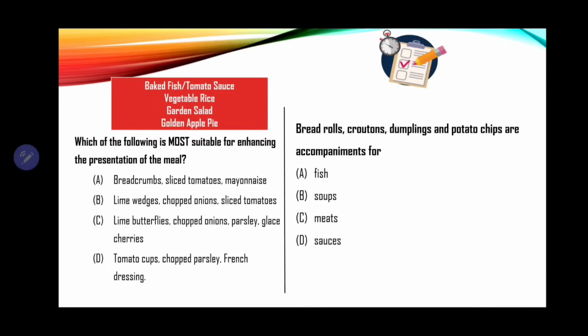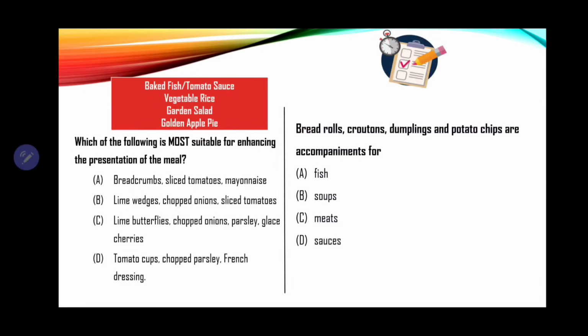Baked fish with tomato sauce, vegetable rice, garden salad, golden apple pie. Question. Which of the following is most suitable for enhancing the presentation of the meal? Right? Now, when we speak about enhancing the presentation of a meal, we're speaking about garnishes and also decorations.